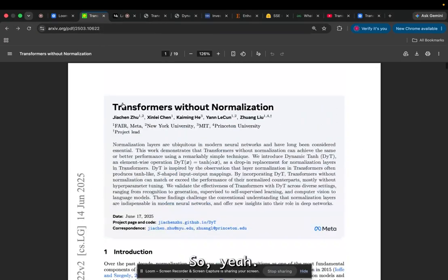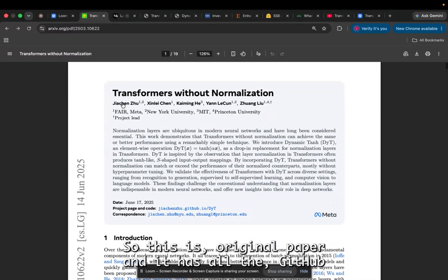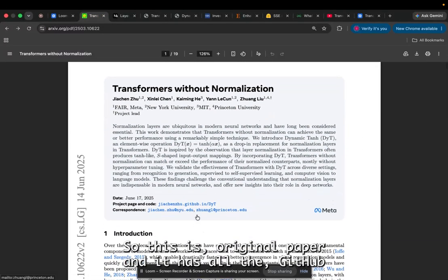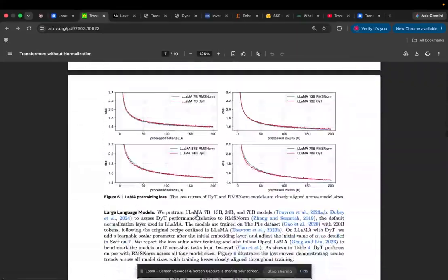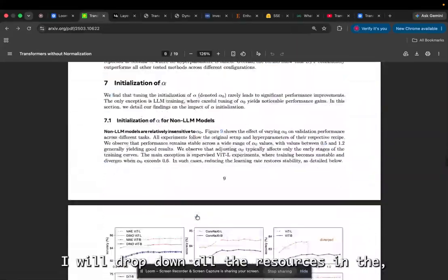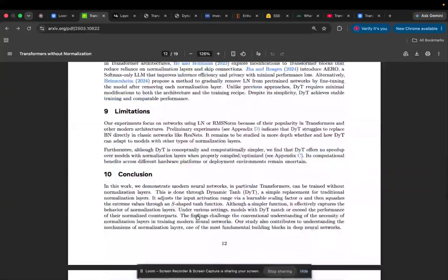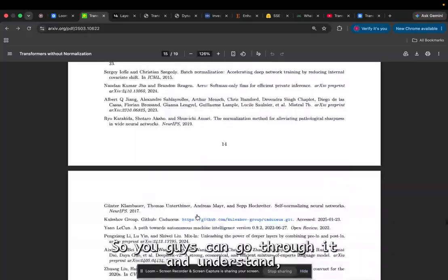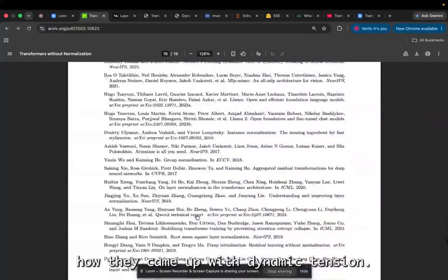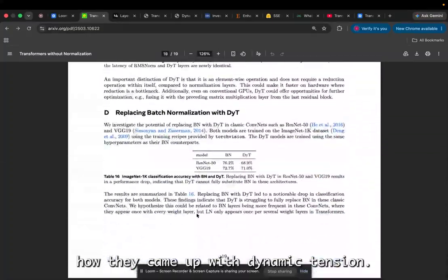This is the original paper, and it has all the GitHub and other repositories. I will drop all the resources in the comments, so you can go through them and understand how they came up with dynamic tanh.